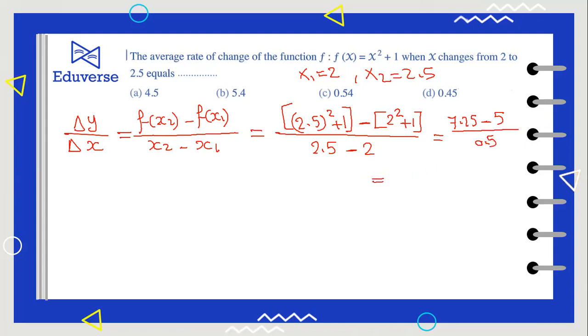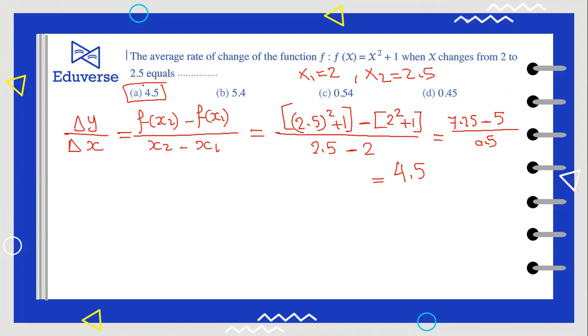Then the answer is 7.25 minus 5 over half. It will be 4.5. That's the rate of change when x changes from 2 to 2.5.